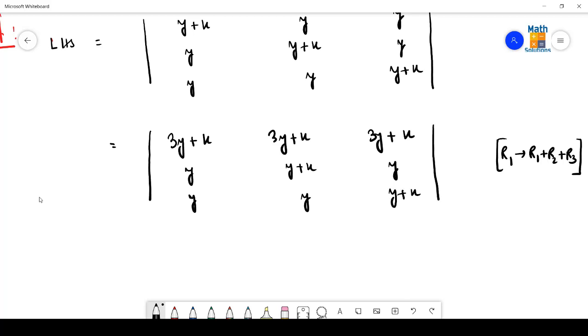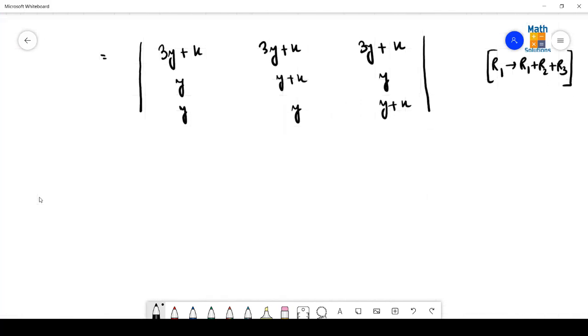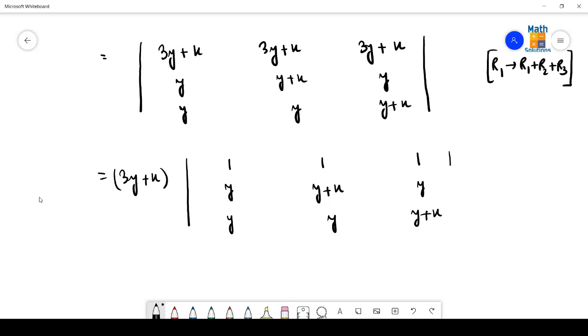So it is very clear that from the first row we can take thrice y plus k common. Along the first row only ones will be left behind.